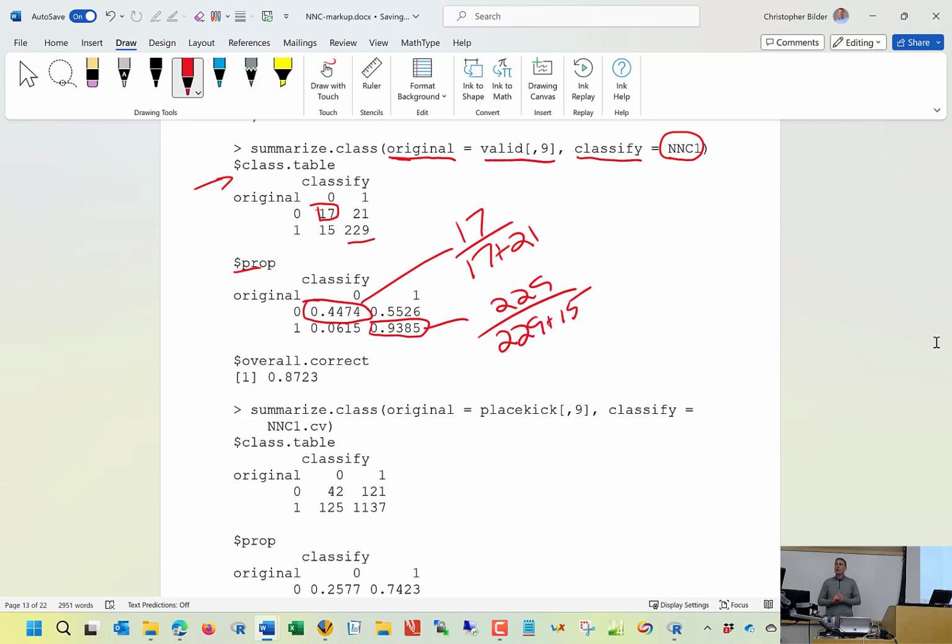About 94% were right of the successes. The overall correct classification rate is 17 plus 229 over 17 plus 229 plus 21 plus 15. And so I got about 87% correct.